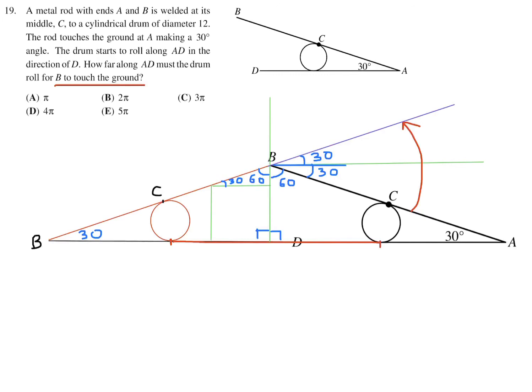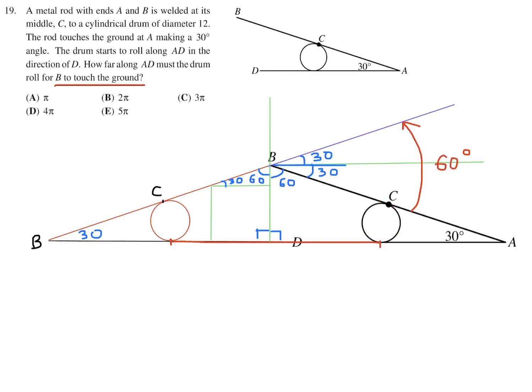And therefore that rod moved 60 degrees. And that's the key to the question. It moved 60 degrees, so therefore this cylindrical drum rolled 60 degrees. All right? So that is the essential crux of the question.